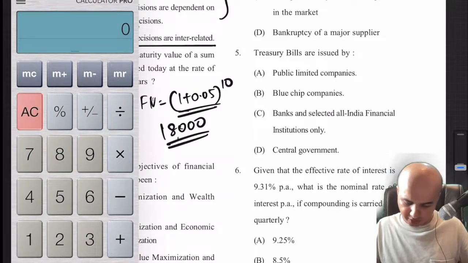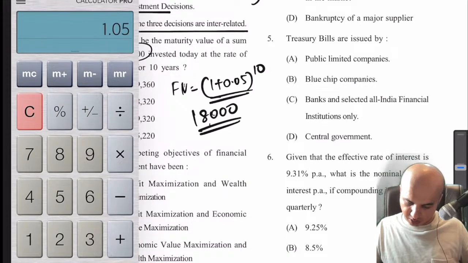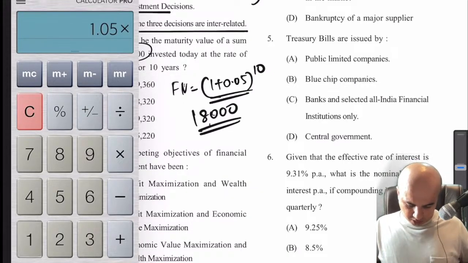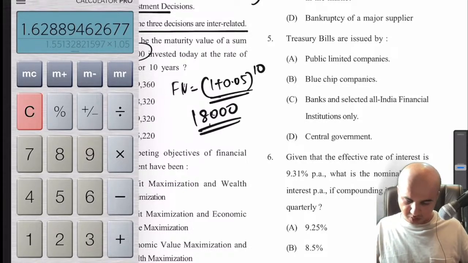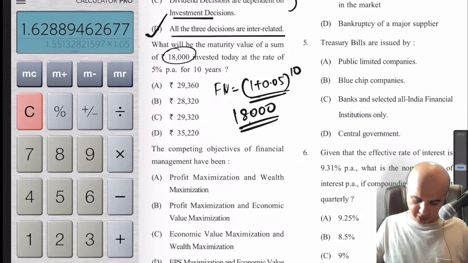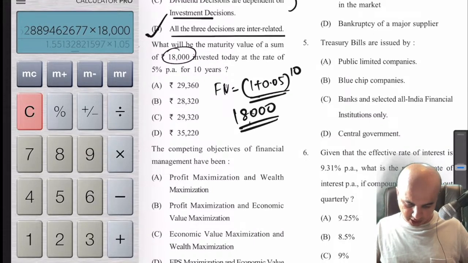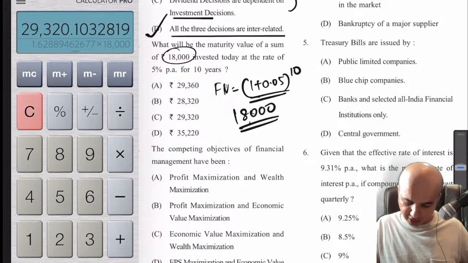Okay, I'm not able to access that anyway, doesn't matter. 1.05 to the power of 10. Okay, so this is the value. Multiply by 18,000. You will get 29,320. That's it.